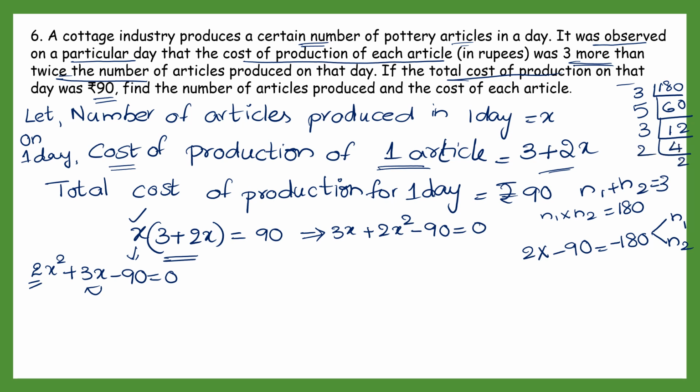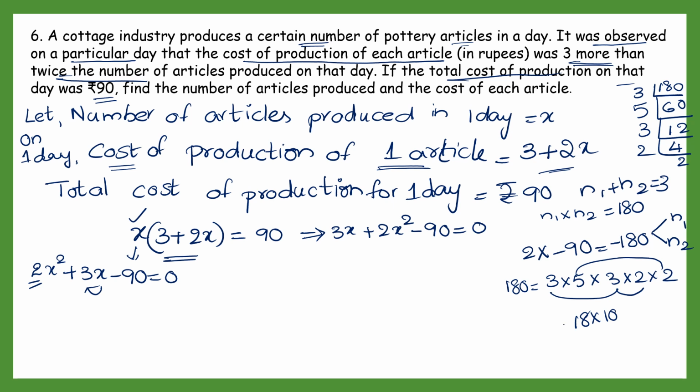So 180 is 3 into 5 into 3 into 2 into 2. Let's see. 3 3s are 9, 9 2s are 18, 18 into 5 2s are 10.